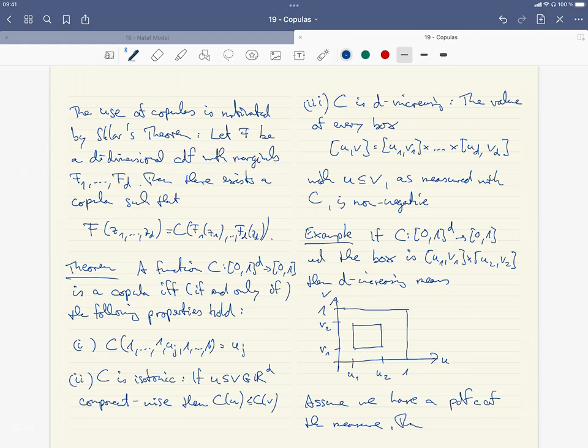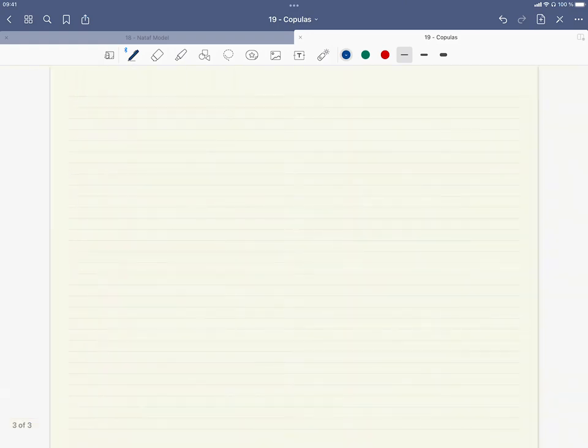Then I can write this value of the box, or the measure of the box, as this one. So I integrate from u1 to v1, and I integrate from u2 to v2, and I integrate the little c of u, v dv du.